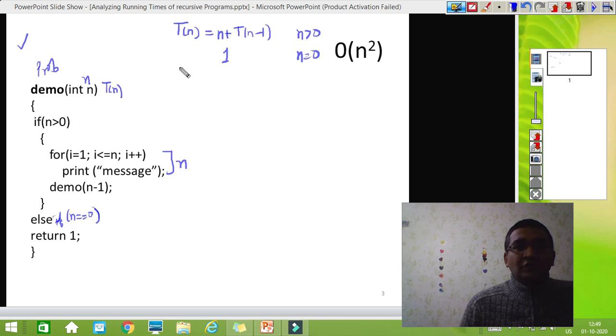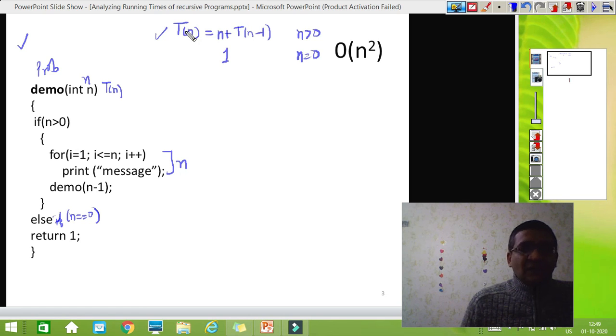So we need to evaluate this part. We will evaluate T of n equals n plus T of n minus 1, and based on this evaluation we will get our running time. Now we are using the back substitution method.